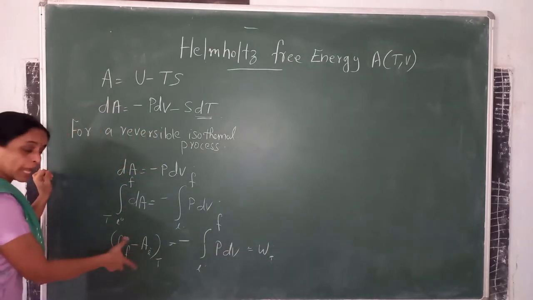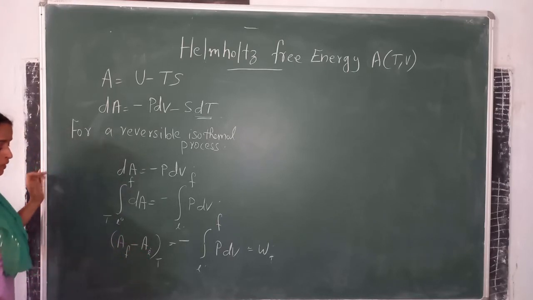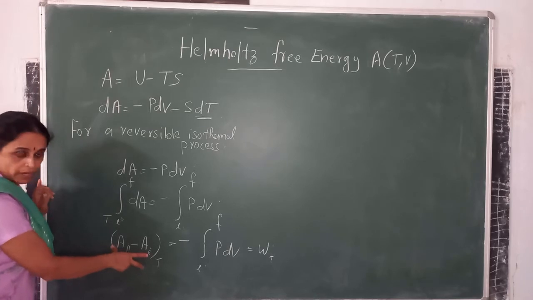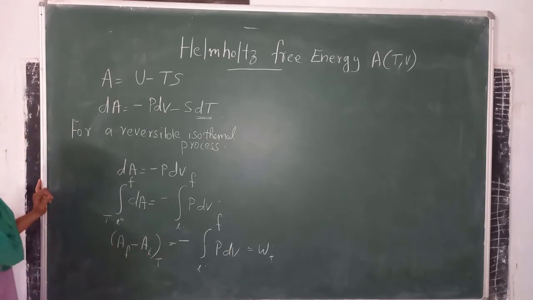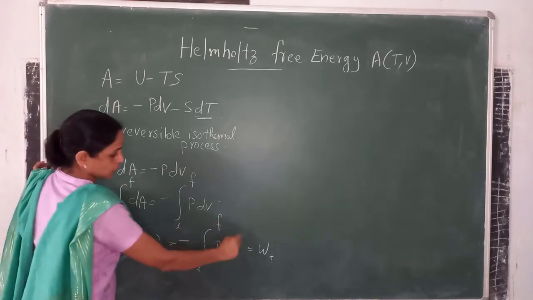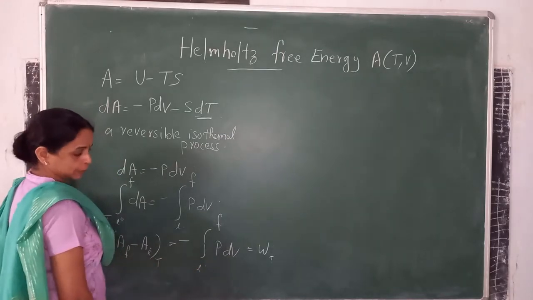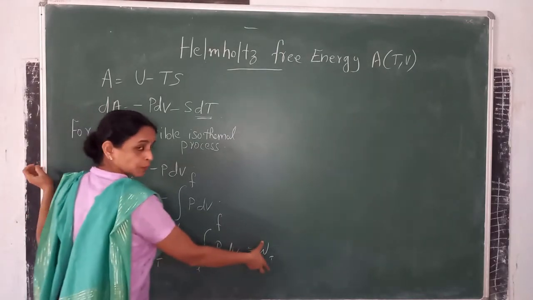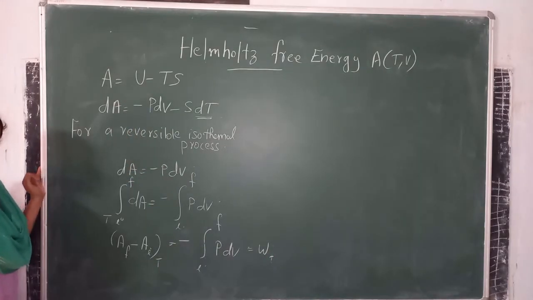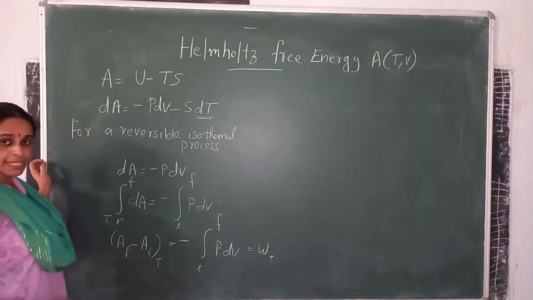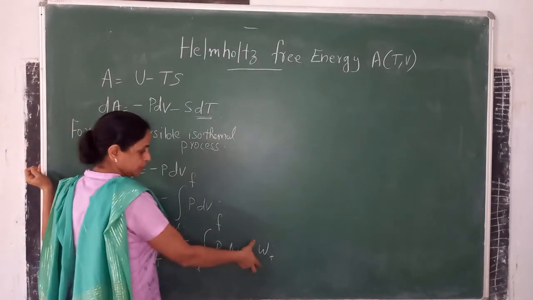If the Helmholtz function is increasing, AF minus AI is positive, so the work should be a positive work. When is the work positive?